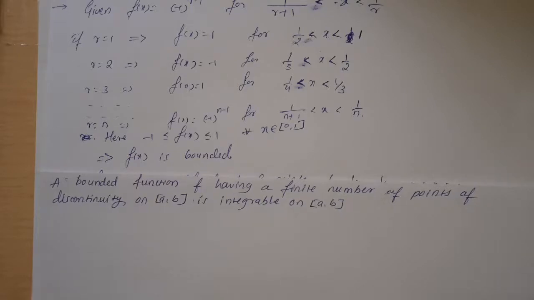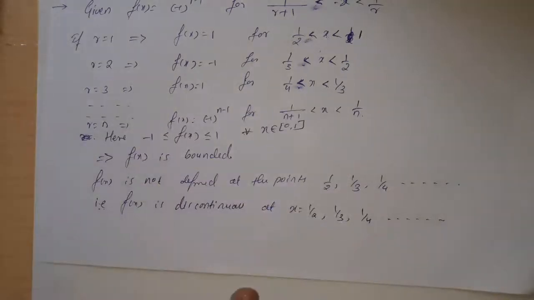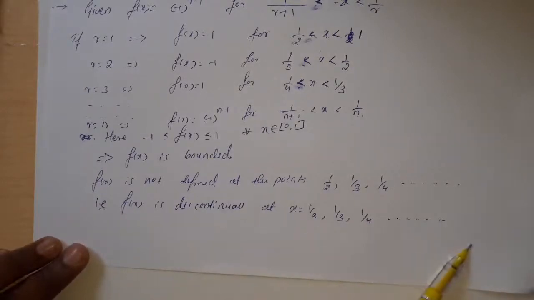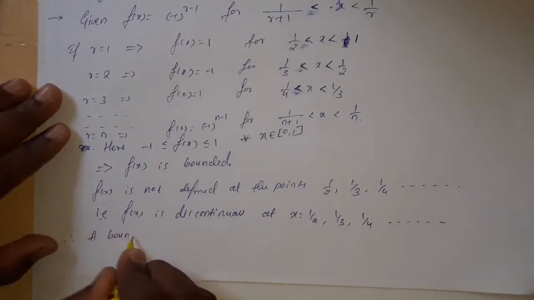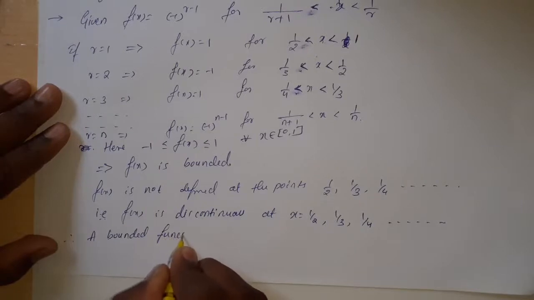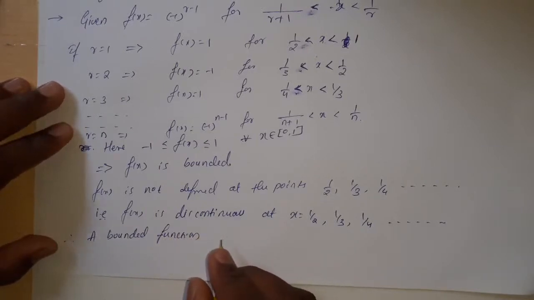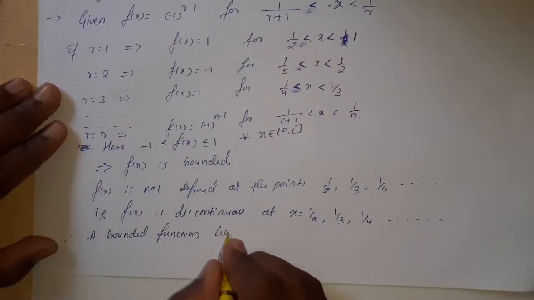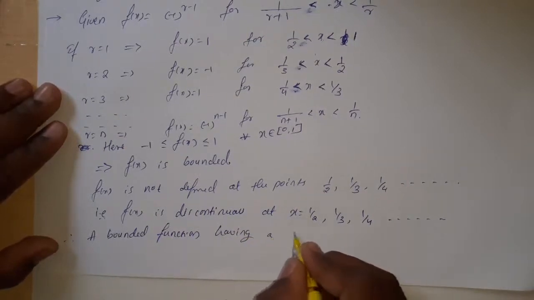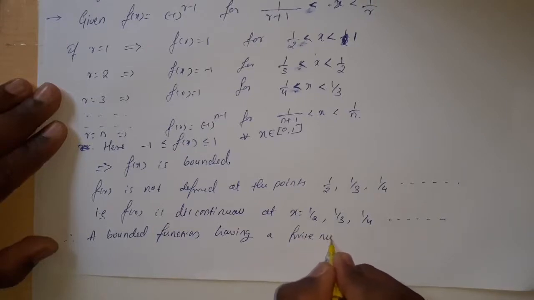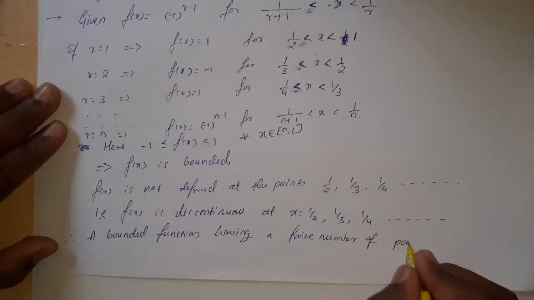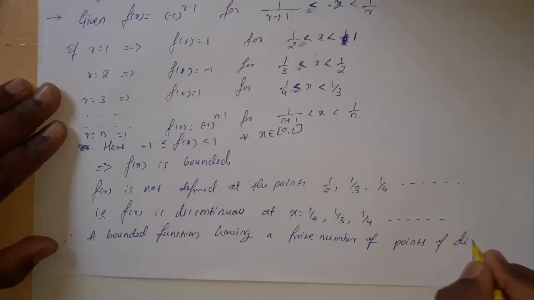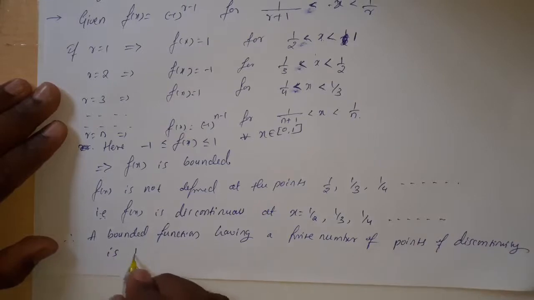So, therefore, here we can consider directly that f of x is discontinuous at these points. Therefore, we can write that a bounded function having a finite number of points of discontinuity is R integrable.